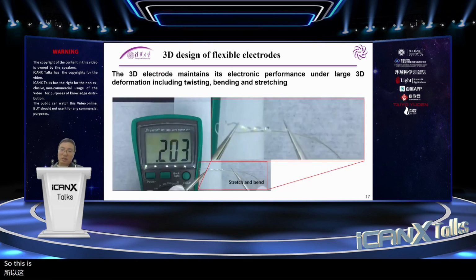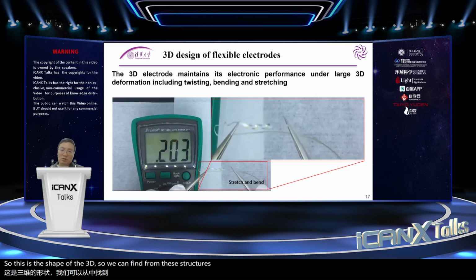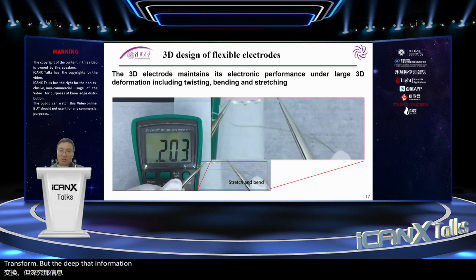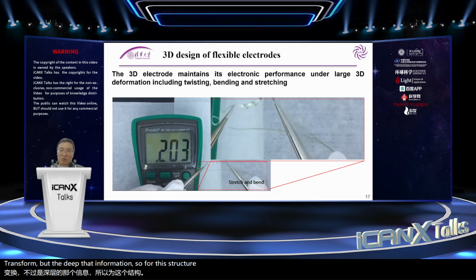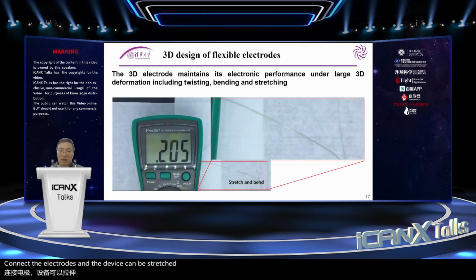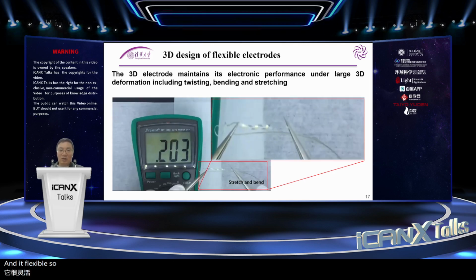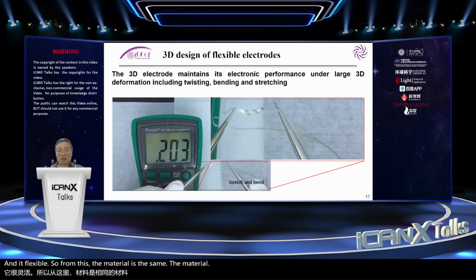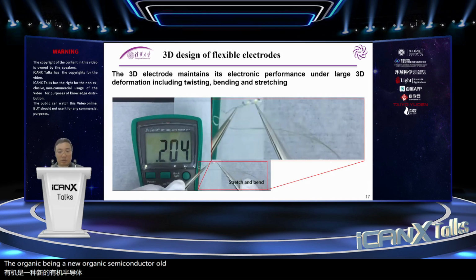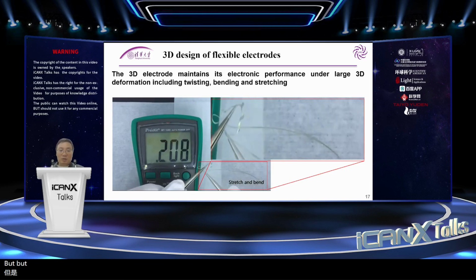This is the 3D shape. So we can transform the deformation through this structure. With this structure, the interconnects, the electrodes, and the device can be stretched and are flexible. The material is the same, an inorganic semiconductor or metals, but the device is stretchable.